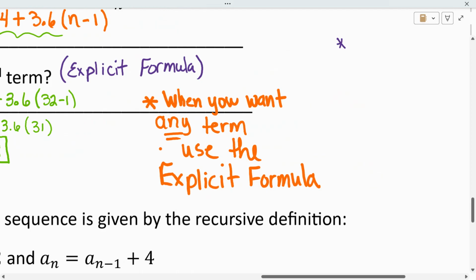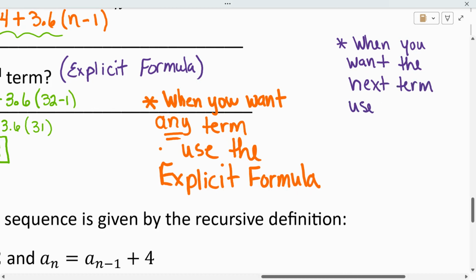I'm going to put another note here. When you want the next term, use the recursive. Recursive tells you the next term because you've got to know the one that comes before it.